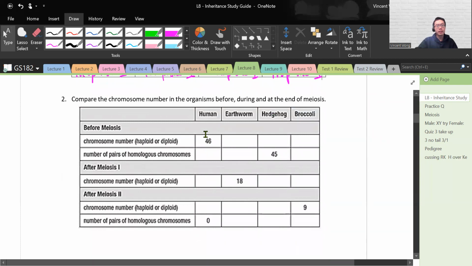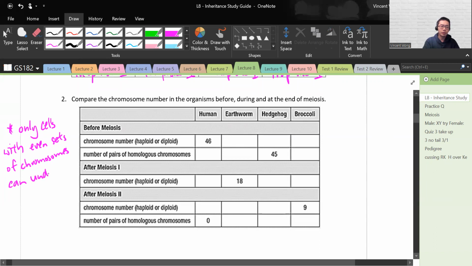So over here, we have a table, and it tells you the number of chromosomes before meiosis. Is it diploid or is it haploid? Well, you should remember only diploid cells, with even sets of chromosomes, can undergo meiosis.